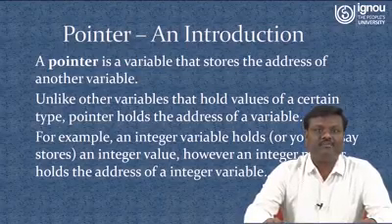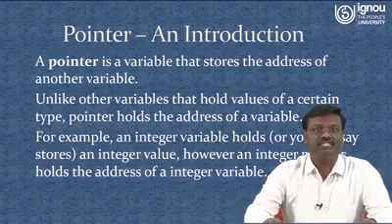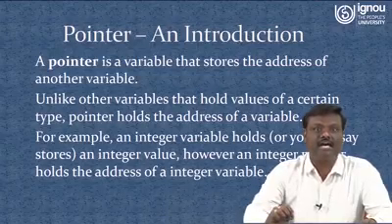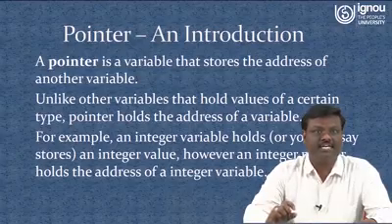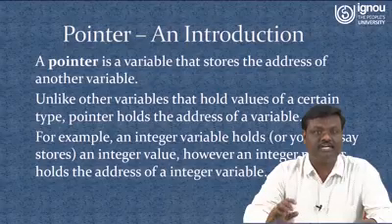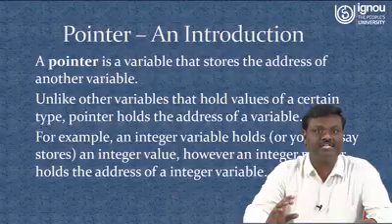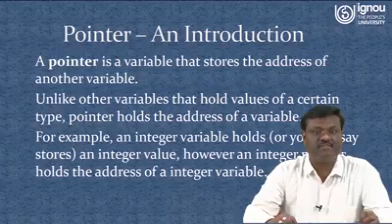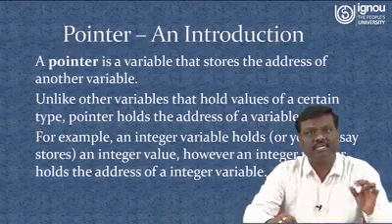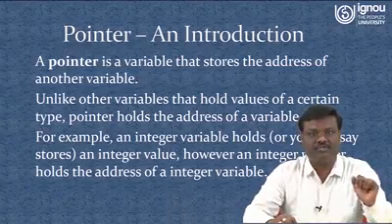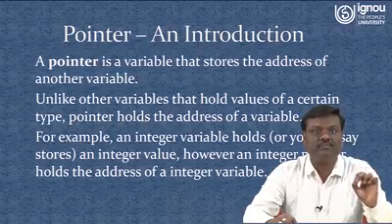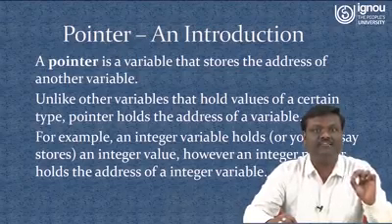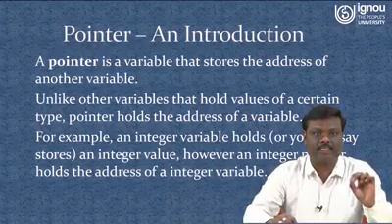A pointer is a variable that stores the address of another variable. For example, integer I is equal to 10. I is the variable name given and its value is initialized to 10. At the machine level, I will be stored in a certain location, and every memory location has its own address.